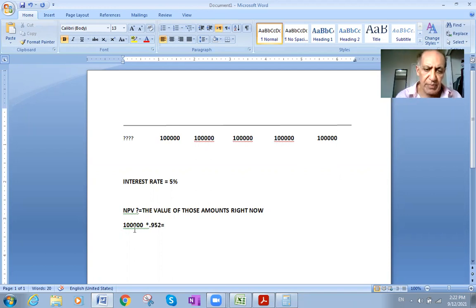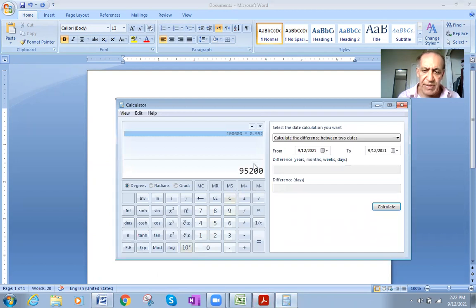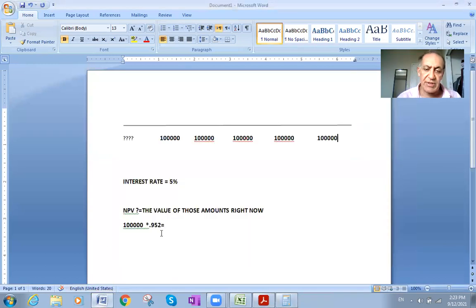So the amount will be 100,000, and the result of this will be 95,200. The value of this 100,000 that comes to me after 1 year, its value now is $95,200. So I will put it here on the manual solution, Control and V.